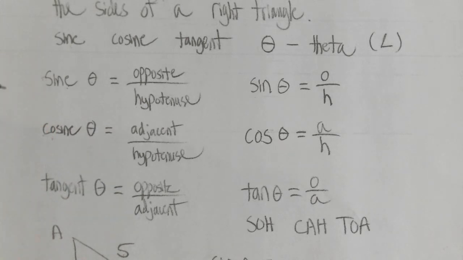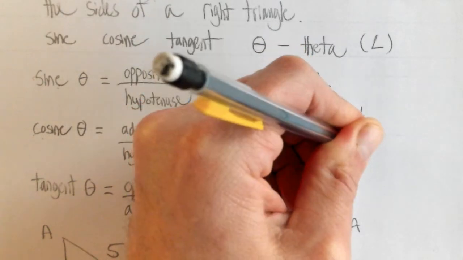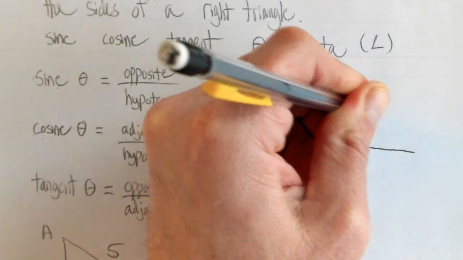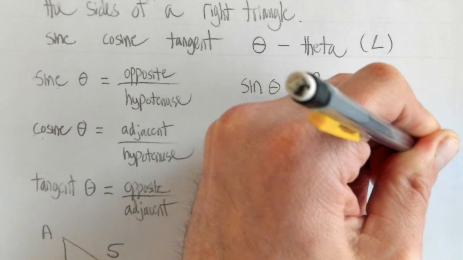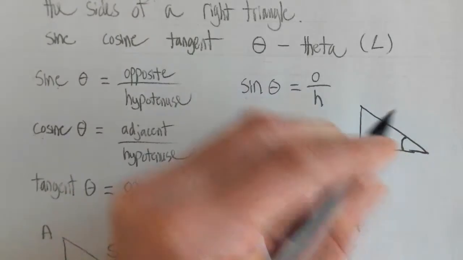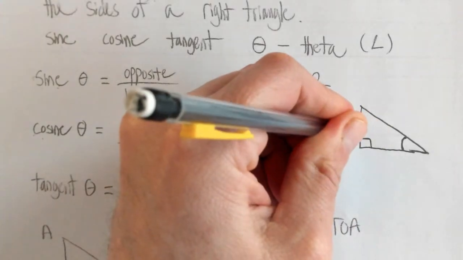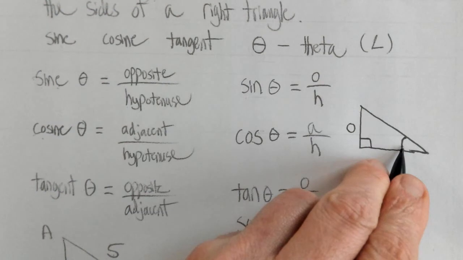So, like in a right triangle, whatever angle that you're going to be looking at, let me show you. Okay, so let's say that this is my angle right here that I'm looking at. Okay, this is my right triangle. Okay, the opposite side is always across from your reference angle.